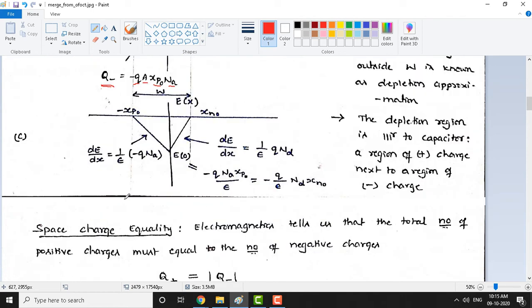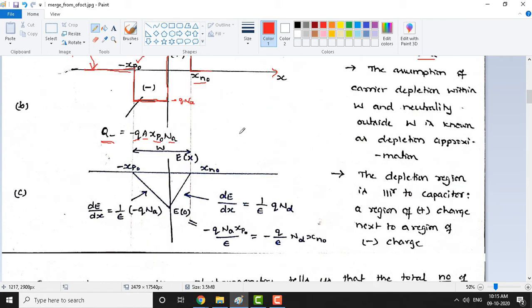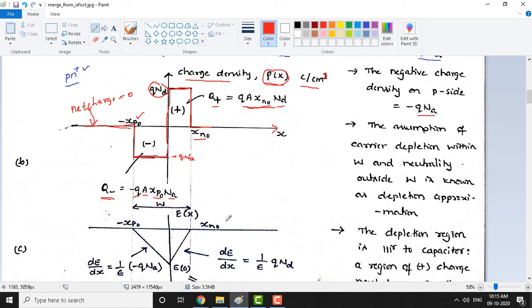Okay, with that knowledge, let me proceed to the electric field graph here. Once again, observing them simultaneously is always good, because you can easily connect them. This is the electric field: the x axis is the distance x, and the y axis is E of x.